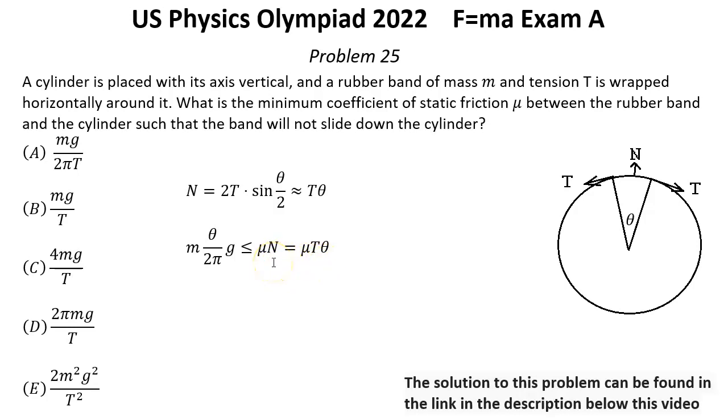From here we find that μ must be greater than or equal to mg over 2 pi T. This is the minimum coefficient of static friction. That's answer A, and that was the solution for problem number 25.